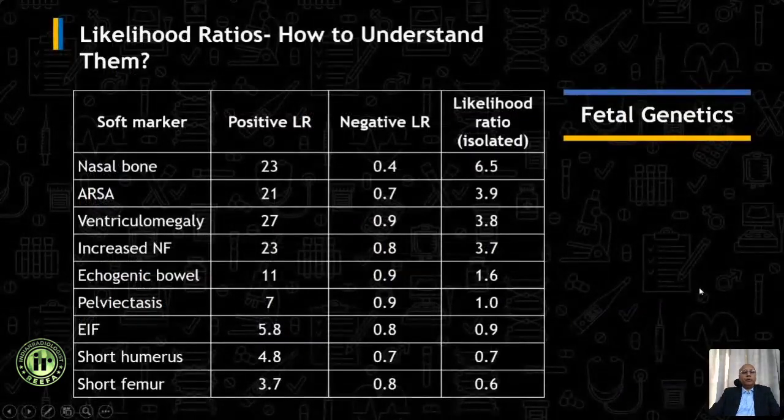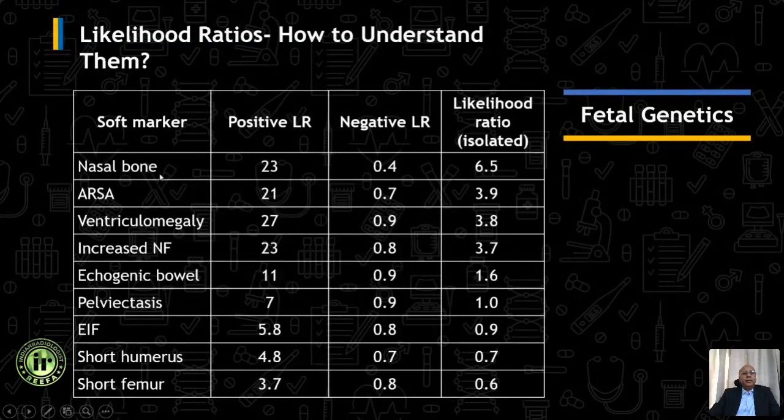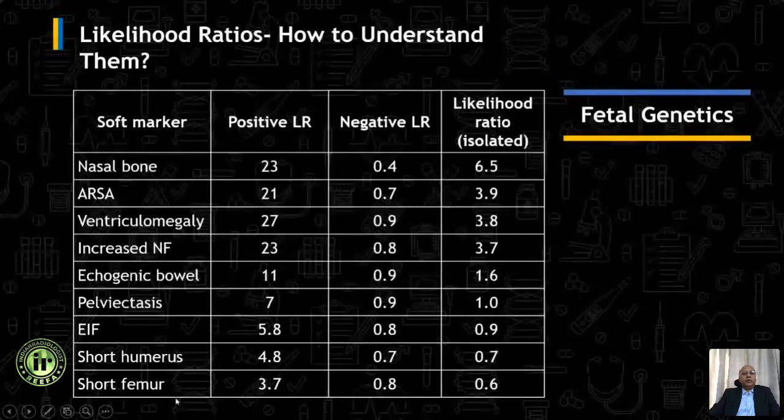I would spend a minute more here for us to understand what this means. In the second trimester, the aneuploidy markers are unossified nasal bone, aberrant right subclavian artery, ventriculomegaly, increased nuchal fold, echogenic bowel, pelvic ectasia, echogenic intracardiac focus, short humerus, short femur.